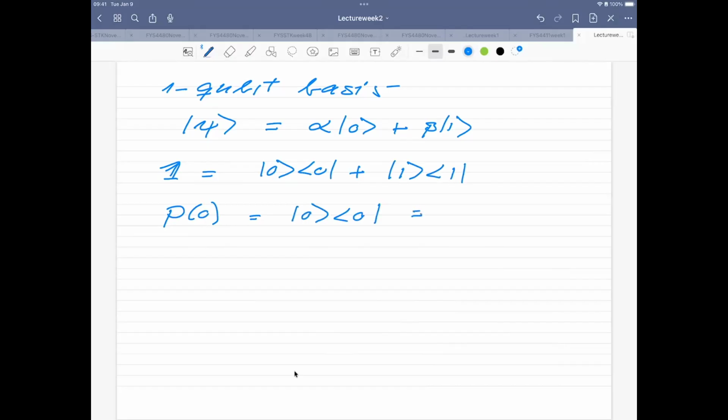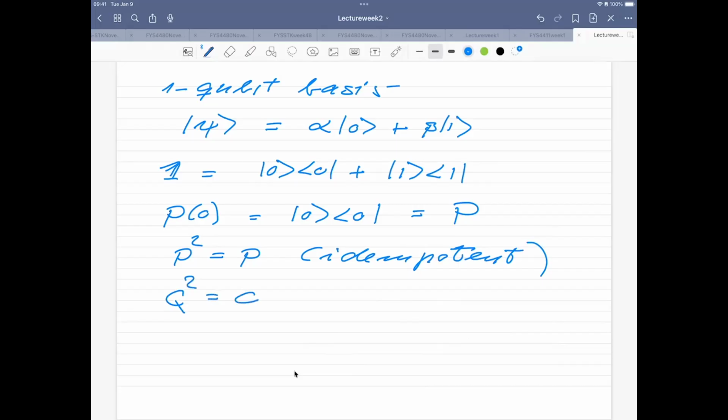And I'm just going to write this for now as an operator P. Now, one thing you see here is that P squared is equal to P. So we normally call these idempotent operators. And we can define a new operator, which we call Q, where also Q squared is equal to Q. It's actually easy to see that.